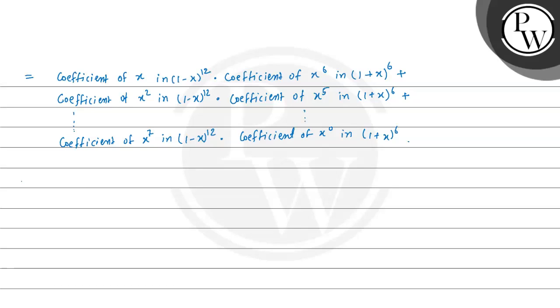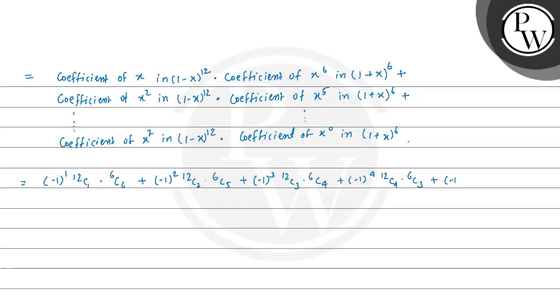If we solve this one by one, the coefficient of x in the expansion will be (-1)^1 12C1 multiplied by 6C6. In the next term, (-1)^2 12C2 multiplied by 6C5. Next, (-1)^3 12C3 multiplied by 6C4, plus (-1)^4 12C4 multiplied by 6C3.